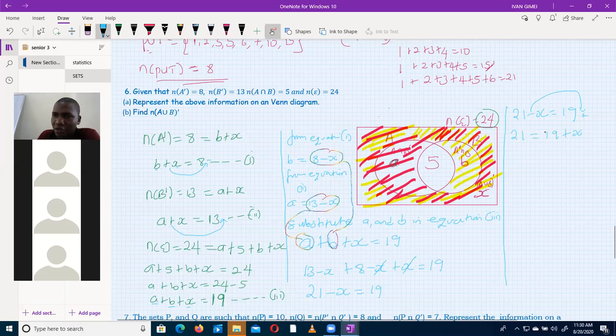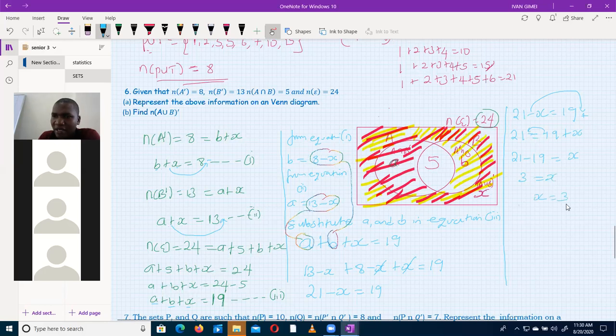Then also the 19 crosses this way and the sign becomes negative. So 21 minus 19 will be the same as x. So 3 will be equal to x. Therefore, we can now conclude that our x is 3.